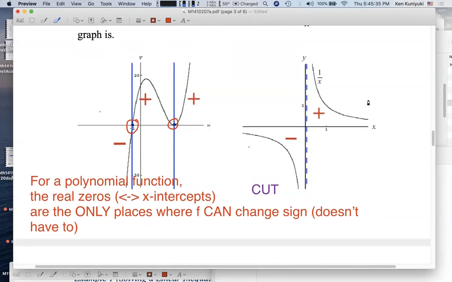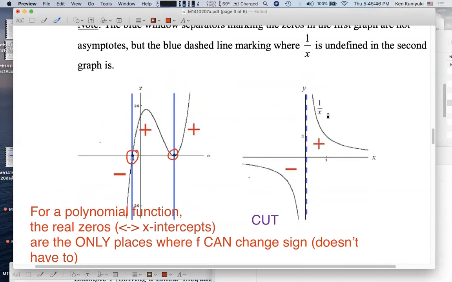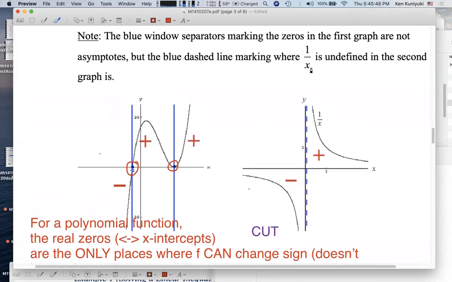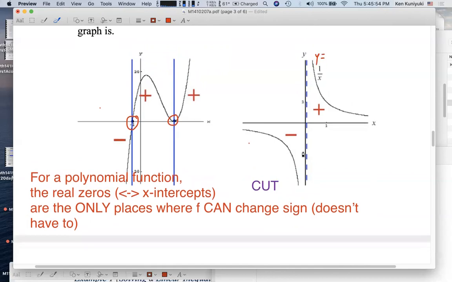Now, if you have a rational function in general, well, again, it could change sign at x-intercepts or real zeros, but you can also change sign where it's undefined. So for a rational function in general, like for the reciprocal function given by 1 over x, here's a graph of y equals 1 over x. Here, we change sign across the VA.